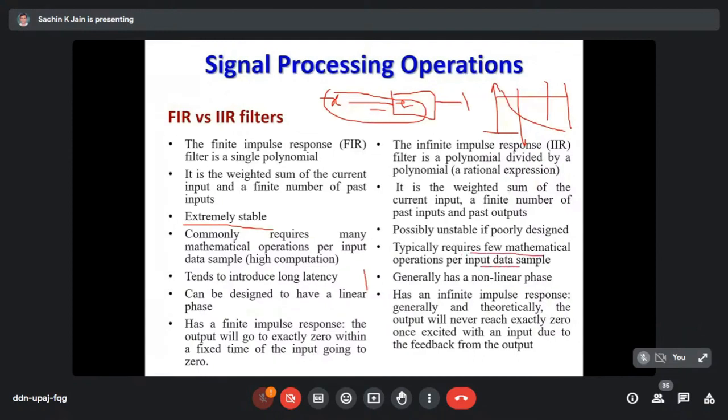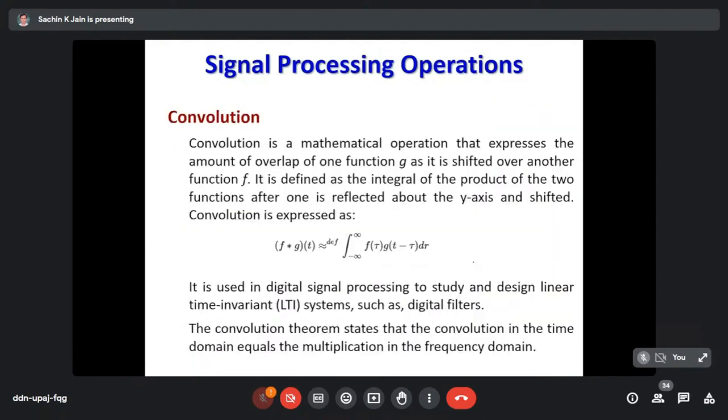So it is easy to implement, or you can say very cost effective. So there are pros and cons that we have to weigh while deciding whether to use FIR or IIR filters.